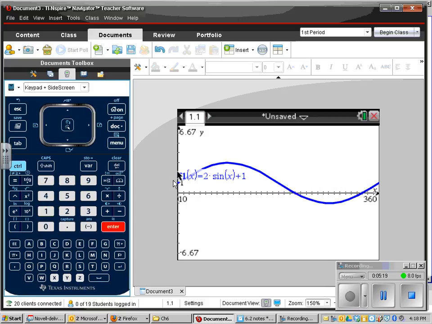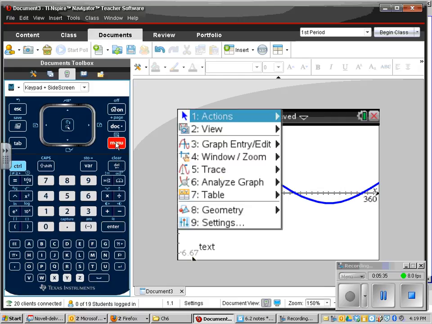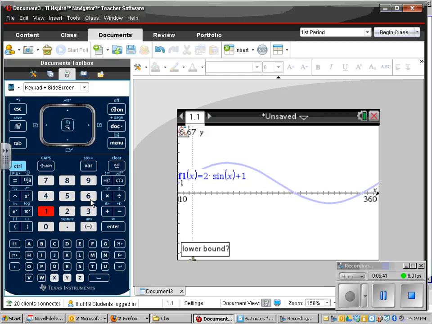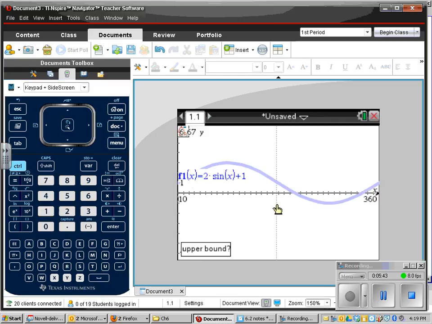Now I can see just that part of the graph from the first positive revolution of the circle, from 0 to 360. And you can see that there are two solutions there. There's a 0 right there, and there's another 0 right there. And if I were to go to menu, analyze graph, and actually find those zeros, then I would want to click on the left and the right side, and you see 210 for the x value, which is our angle.